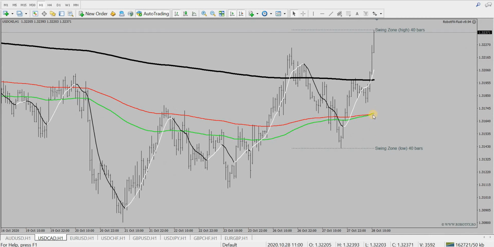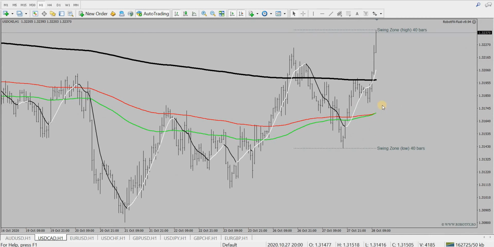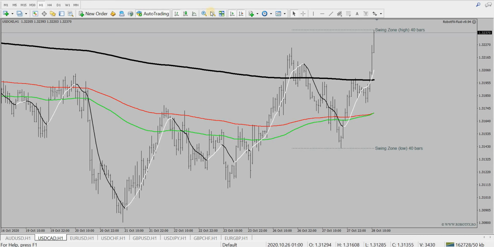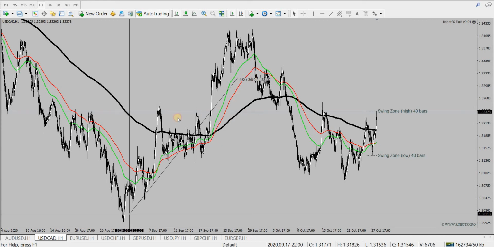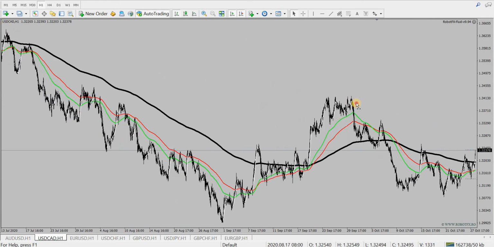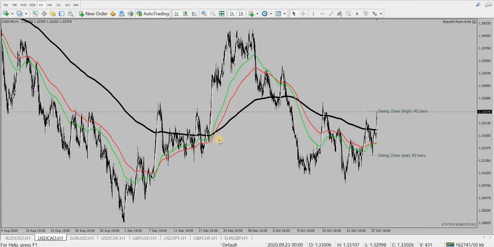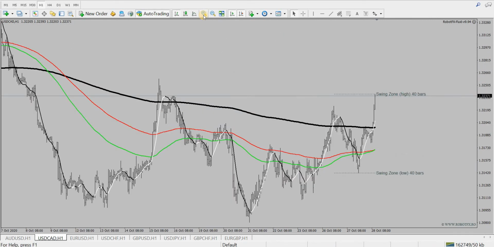The green is almost above the red. I think we have an uptrend here. The price is starting to form an uptrend. Maybe not a very strong one, maybe a small one like this, not as long as the downtrend that we had before. But that's not important. What's important is that we found the settings.